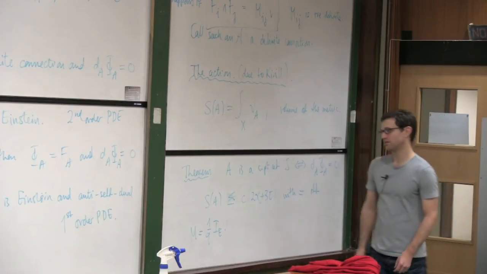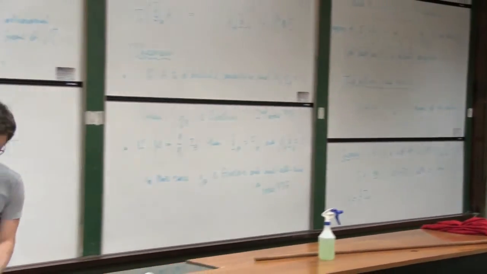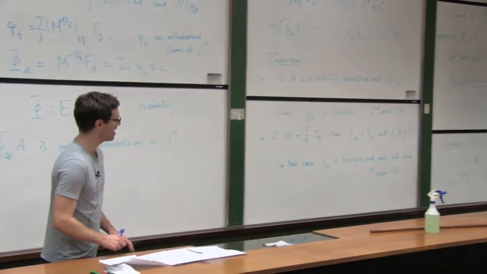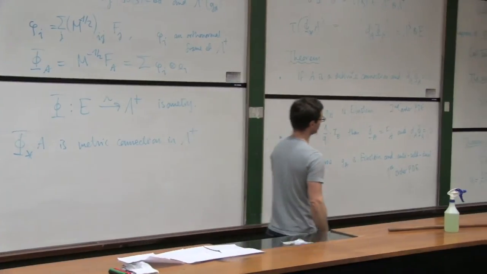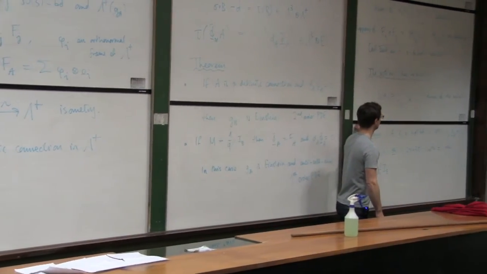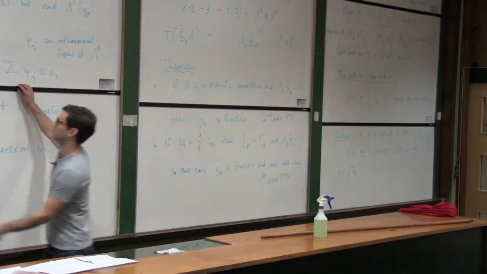So that's the story as you would tell it if you were a salesman. But now I have to come to the slightly depressing part, which is: which Einstein metrics have we got in this whole picture? Okay, so this is the bad news.